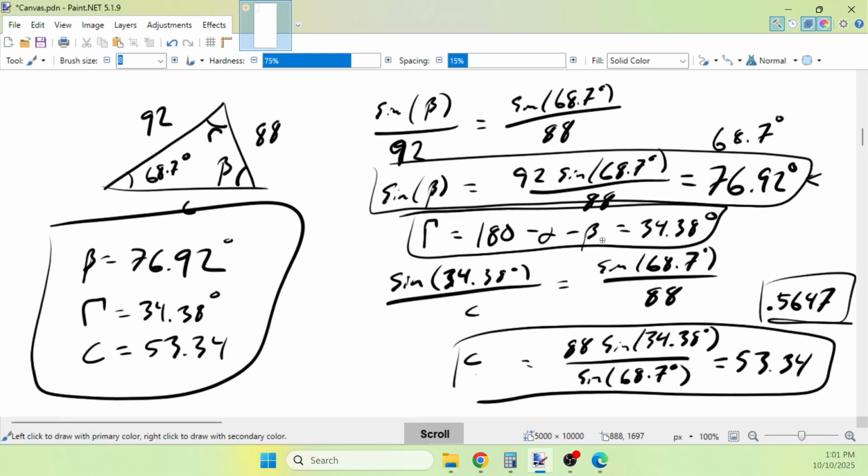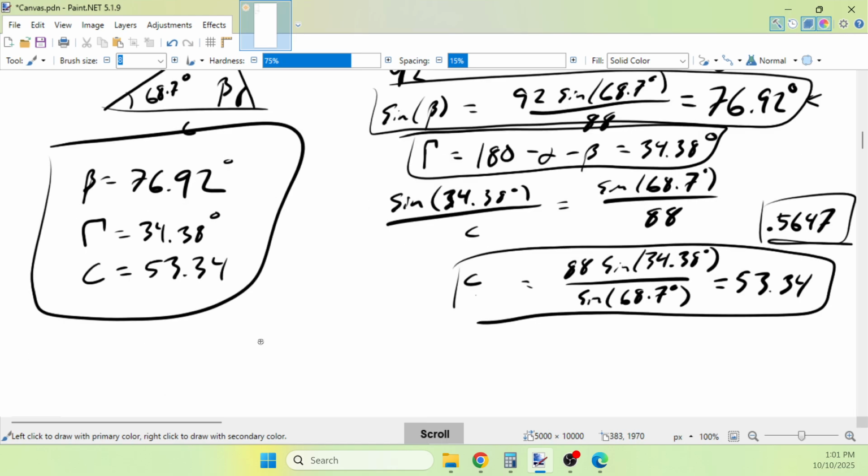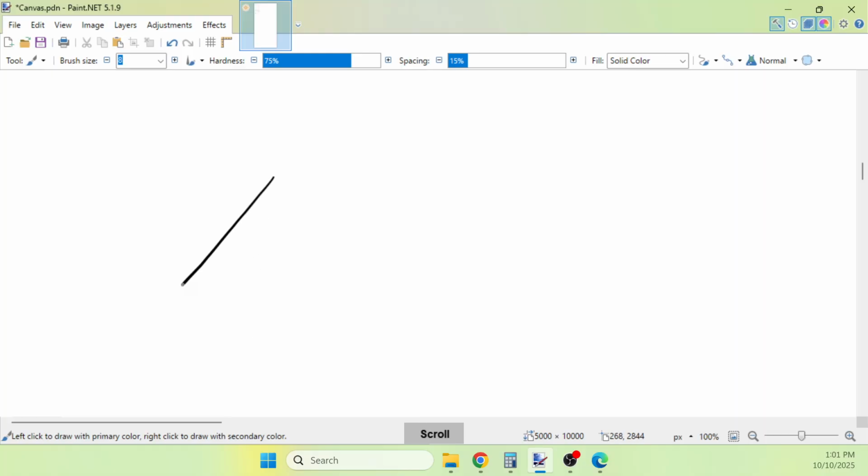So going back up to here, we found one triangle where all of these angles are acute, all less than 90, where beta is 76. What could have happened? What if we had this angle as 76, which would make this angle 180 minus 76, 103.08.